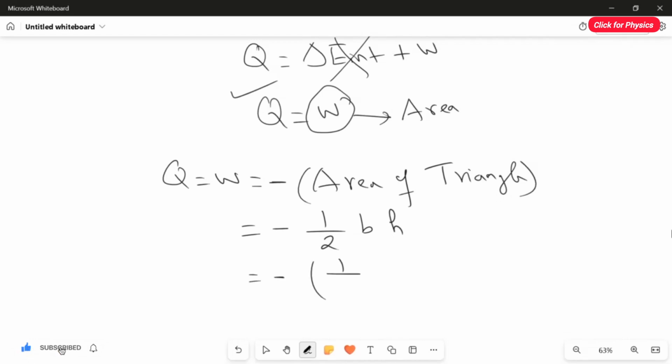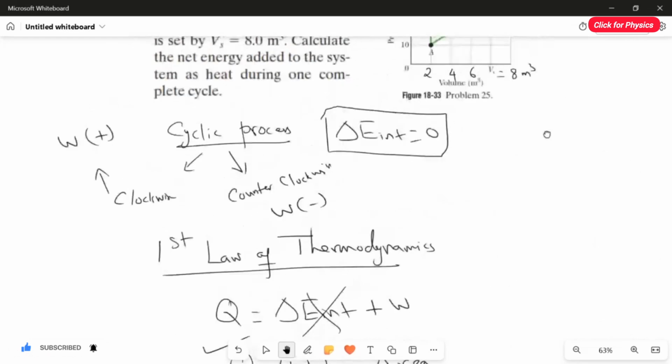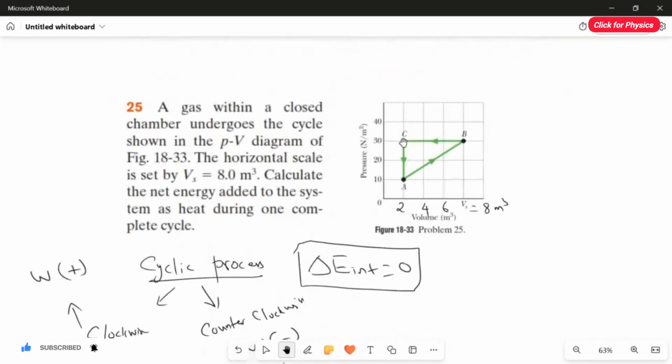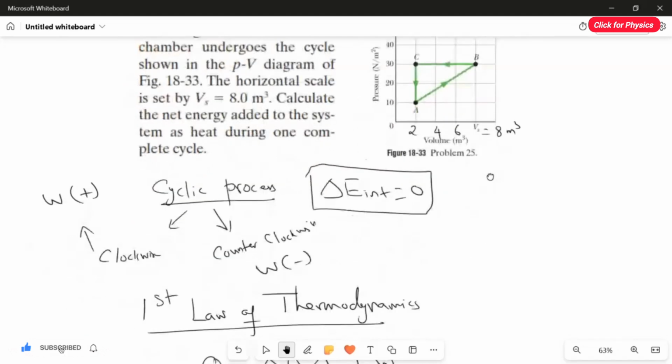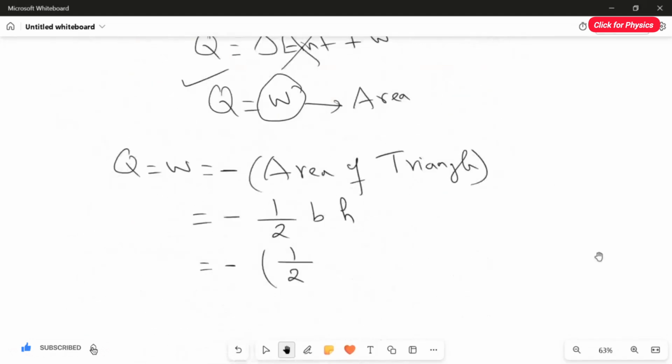Let's substitute the values of the base and height. What is the base here? Let's go back to the diagram. The base is from point C to B. Point C is at 2 and B is at 8, so the base is 8 minus 2, which is 8 cubic meters minus 2 cubic meters.